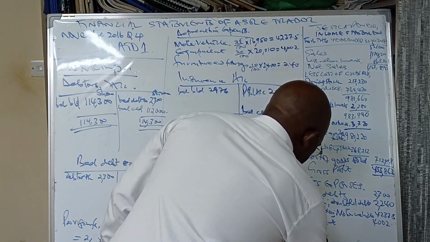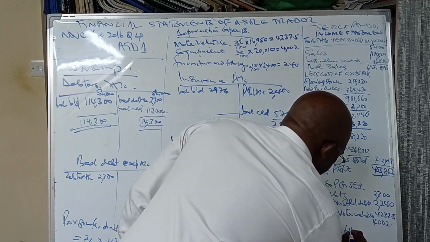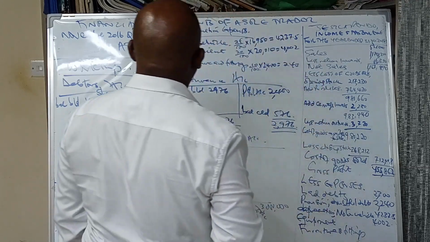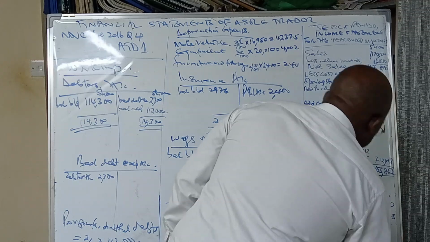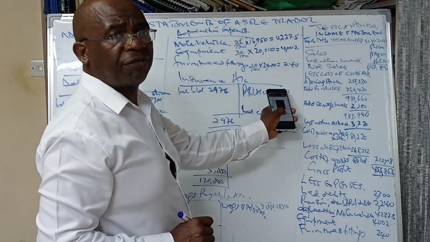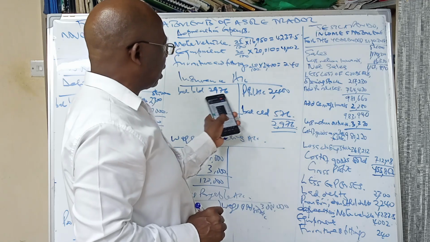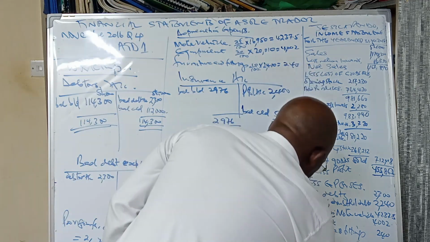Furniture and fittings, 240. Then our insurance expense, 2,400. It is not 2976. Whatever you're taking to the income statement is 2,400.